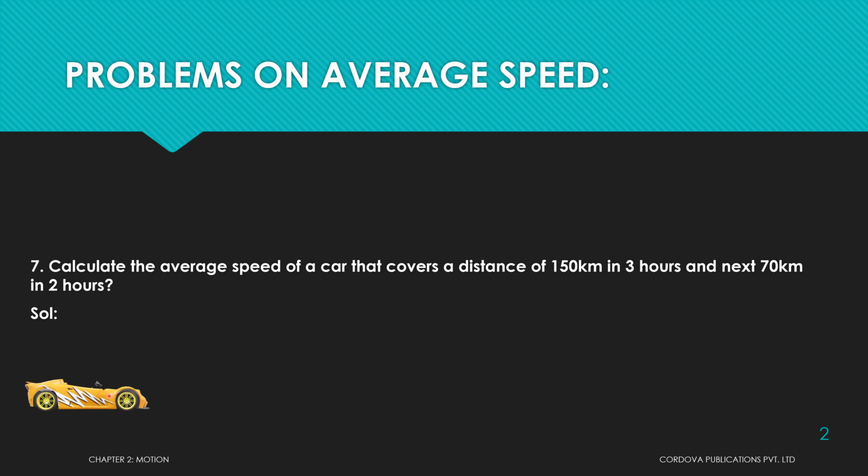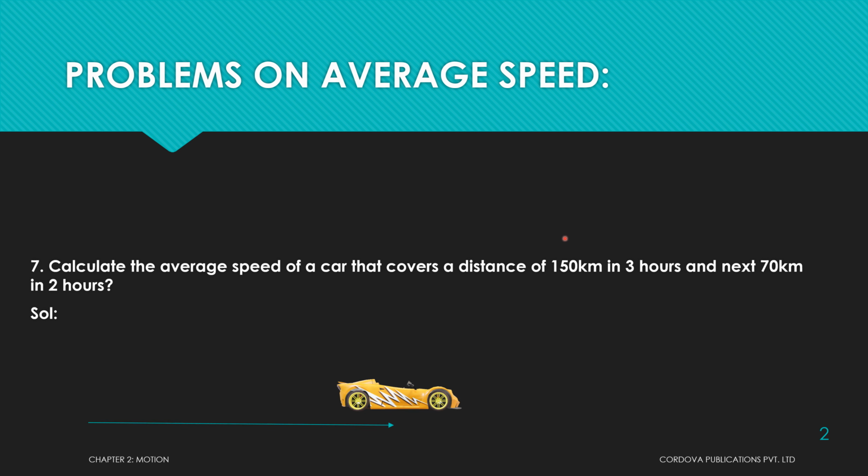So here there is a car, and what they're saying is this car has covered a distance of 150 kilometer in 3 hours, right? For the first time it has traveled 150 kilometer in 3 hours.